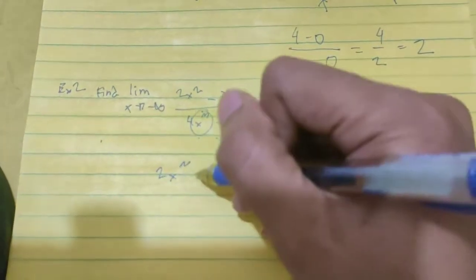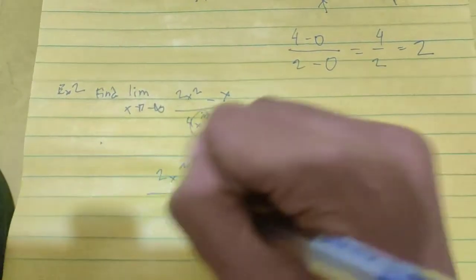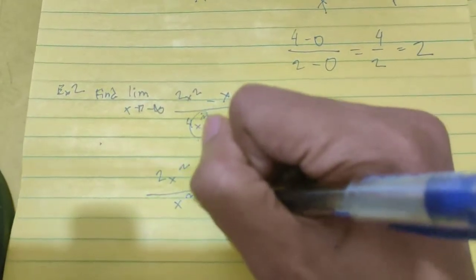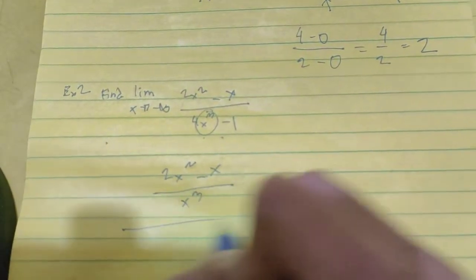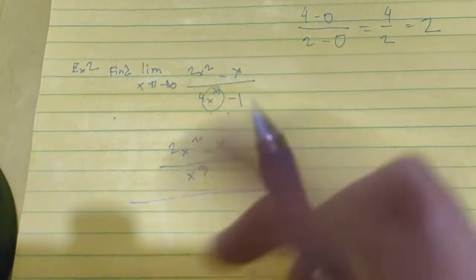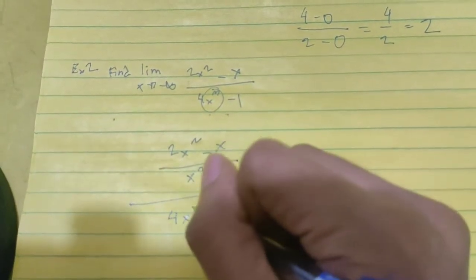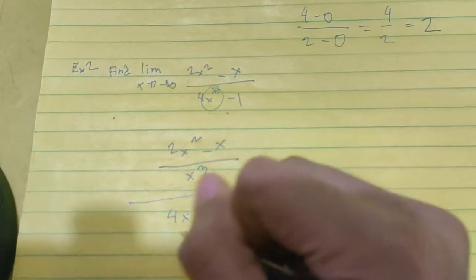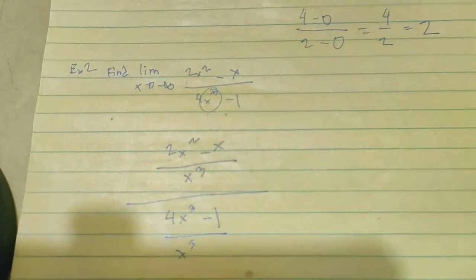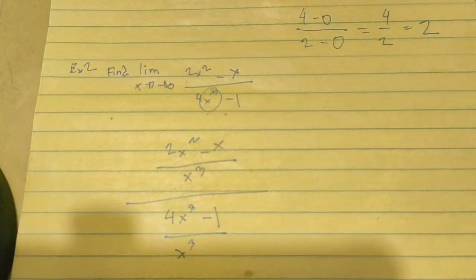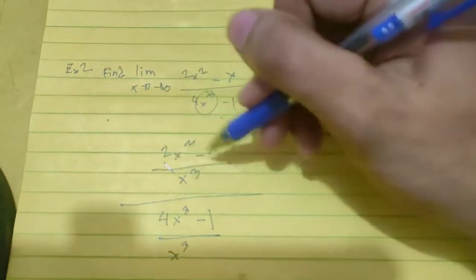2x squared minus x over x cubed, over, so on with the denominator, 4x cubed over x cubed minus 1 over x cubed. Now we will distribute.